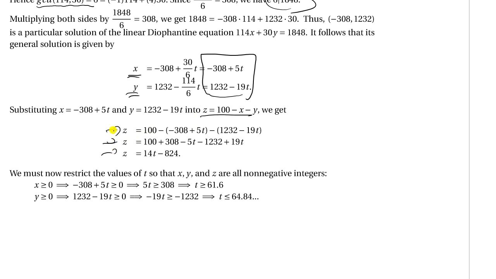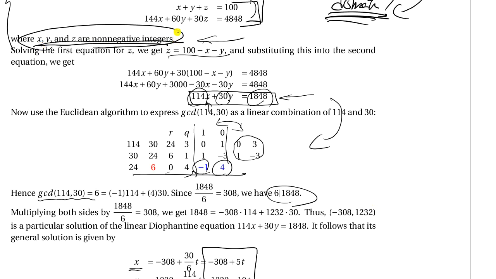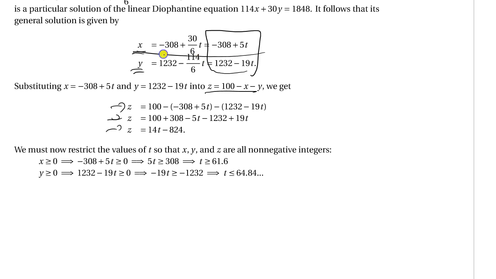Now, the real power of that hidden condition is here. Right? x, y, z cannot be negative, which means that x should be greater than or equal to 0. So we found that t must be any integer greater than or equal to 61.6. y should also be greater than or equal to 0, which means t should be less than or equal to 64 point something.